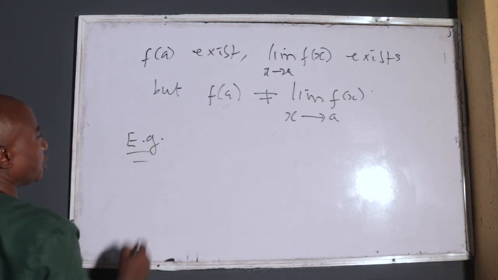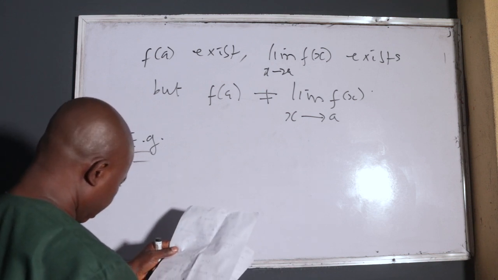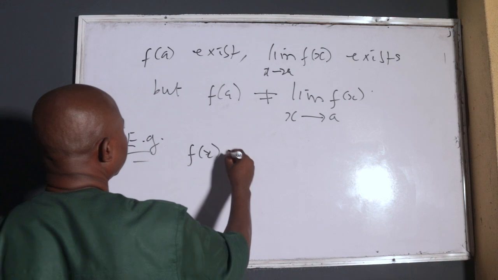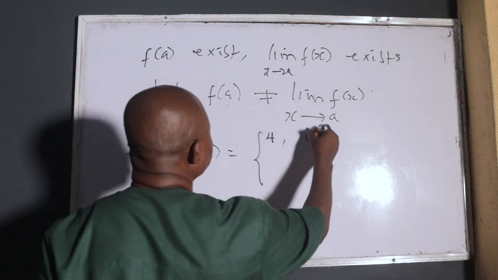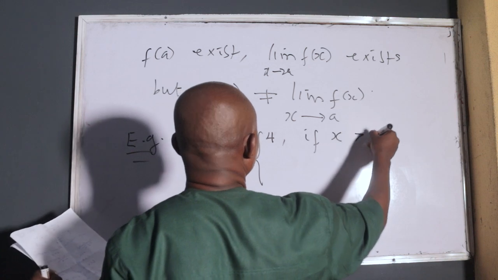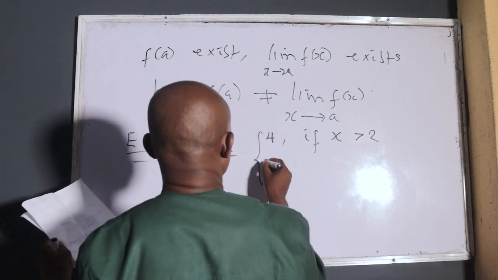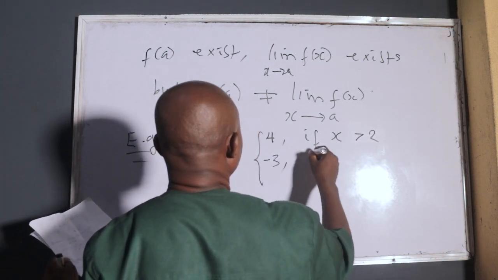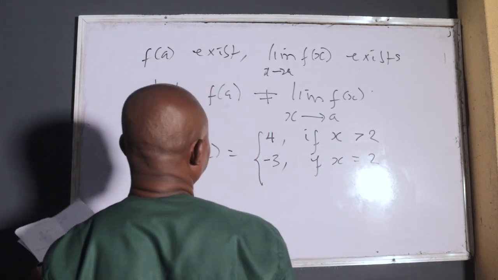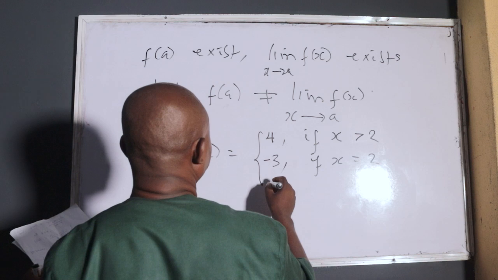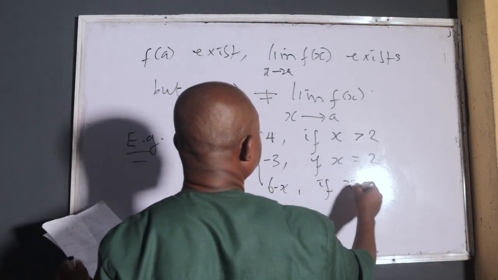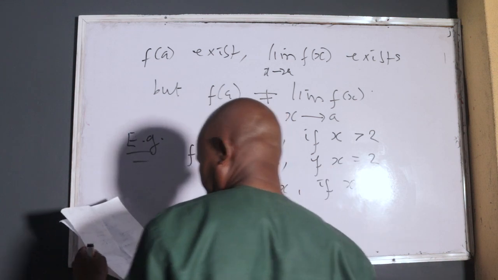If I give you the function f of x is 4 if x is strictly bigger than 2, it is minus 3 if x is equal to 2, and then it is 6 minus x if x is less than 2.